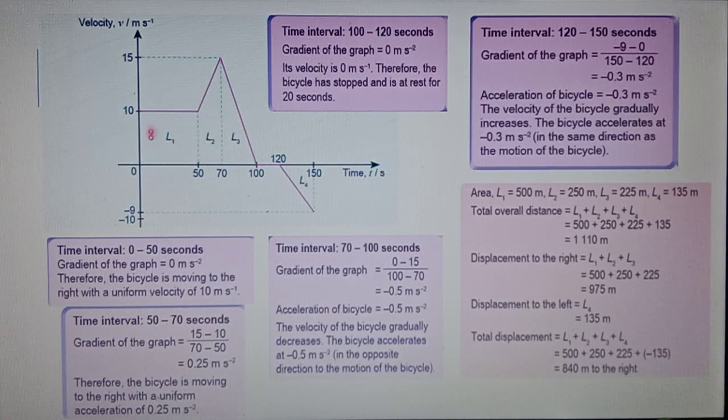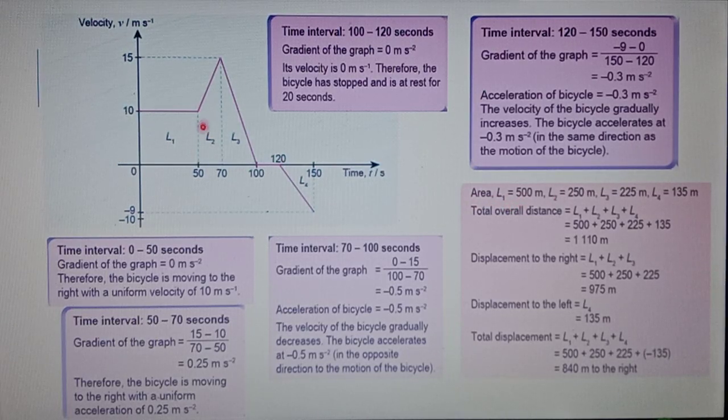So L1 is 50 times 10, this square, so we have 500 meter.